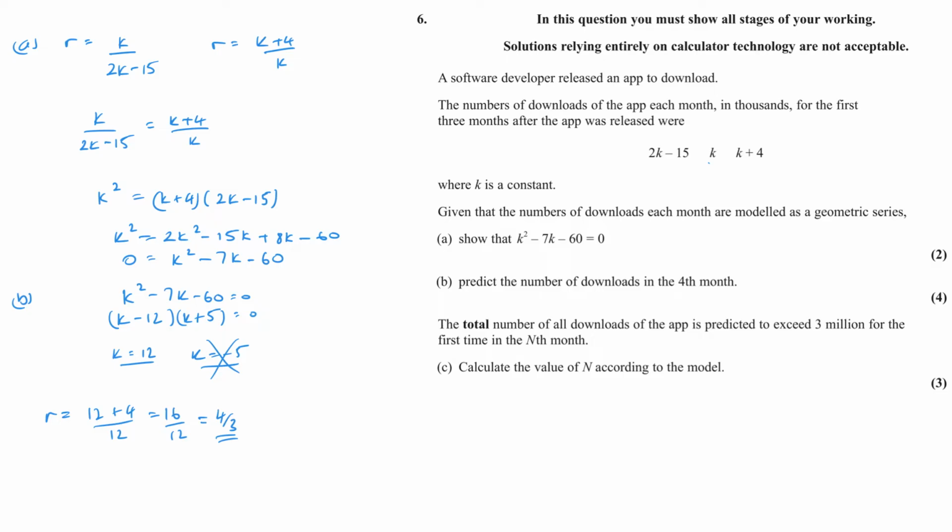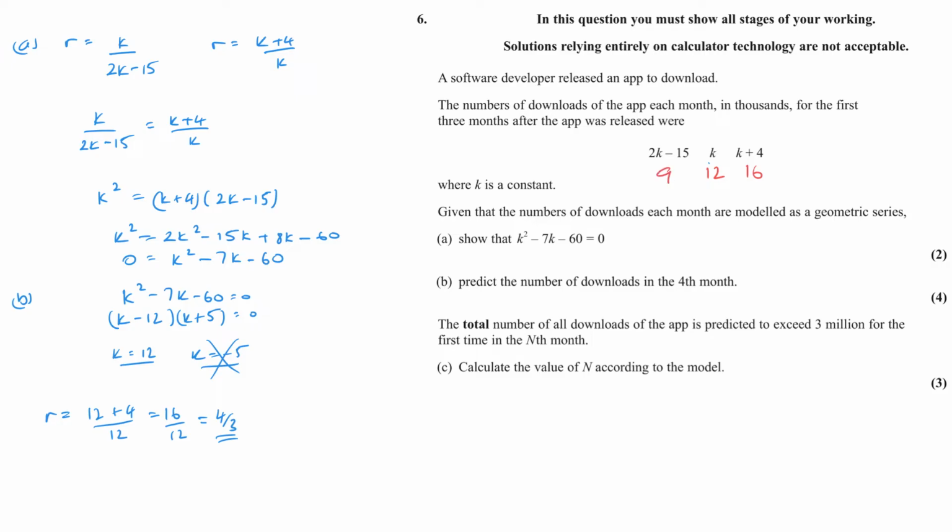4/3. Now I can also work out what these ones are. So k plus 4 is 12 plus 4, so that's 16. That's 12. And this one here is 2 12s, 24, minus 15 is 9.